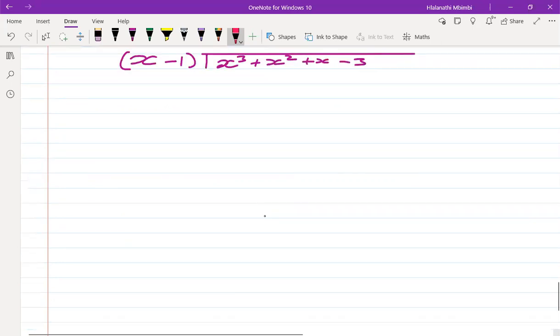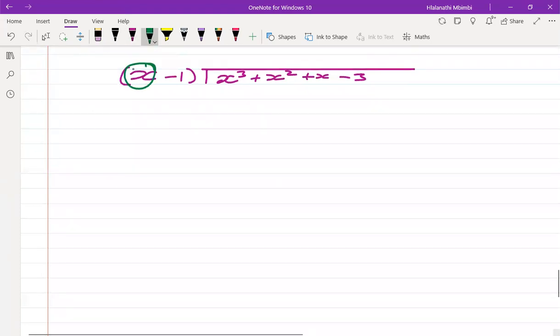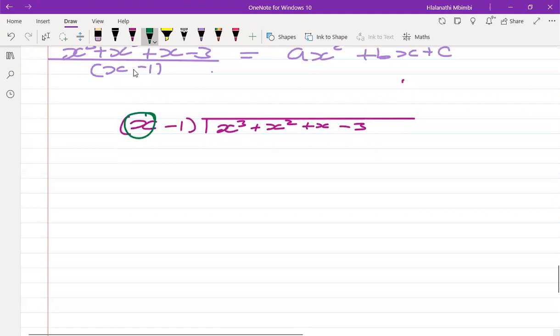Okay, so you take this guy, or maybe your focus should normally be on this guy. This is what you're dividing everything with, right? So you would say x cubed divided by that x, which is this guy divided by that. You get your answer, that would be x squared. You will have it over there. You then take that x squared, you multiply it with this x, you're going to get an x cubed over here.